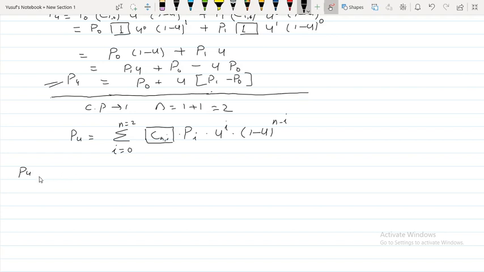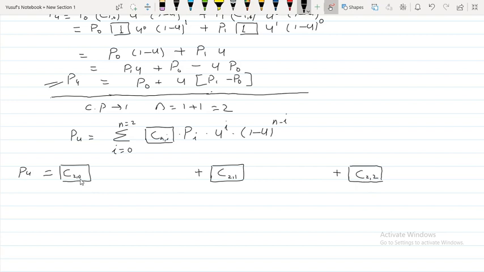Okay, P of u. So we have four things, 1, 2, 3, 4. So I is 0 to 2. So first time I have to put I equal to 0. So first I will write C का term. C, value of n is 2, comma 0, first constant, then plus next time the constant will be C 2 comma 1, then third time C 2 comma 2.